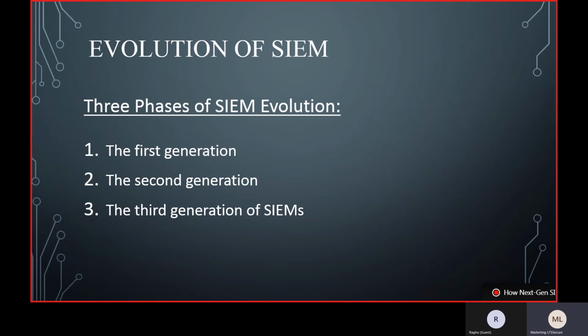There are three phases of SIEM evolution. As you can see, there are first, second, and third generation SIEMs. First generation SIEMs, introduced in 2005, combined log management and event management systems, which were previously separate.